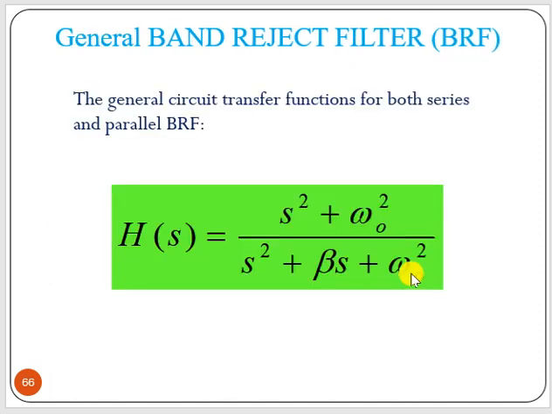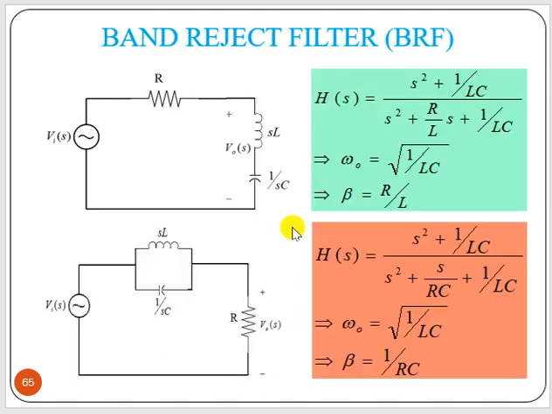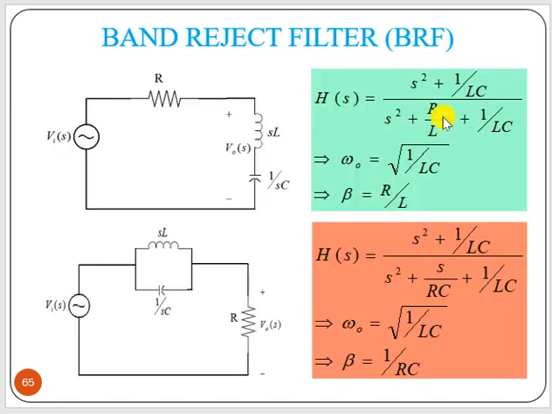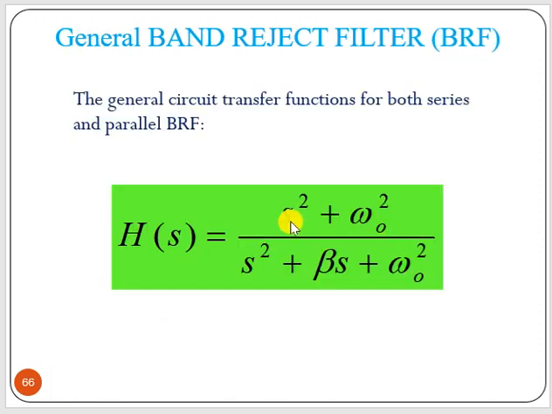Now, in the expression of the band reject filter, we have S square plus omega 0 square, then S square plus beta S plus omega 0 square, where beta is R by L or 1 by RC. So S square plus omega 0 square divided by S square plus beta S plus omega 0 square. This is the basic transfer function of a band reject or band stop filter.